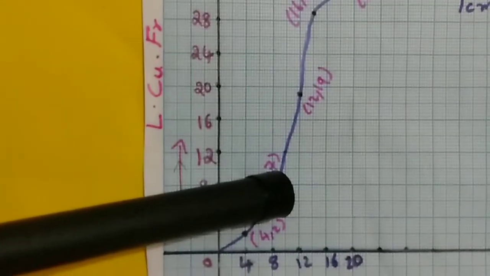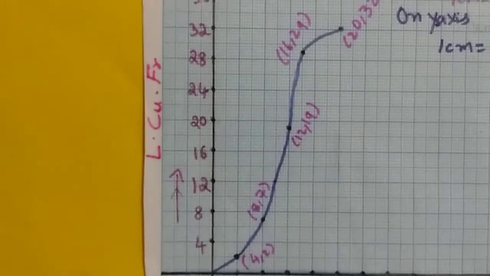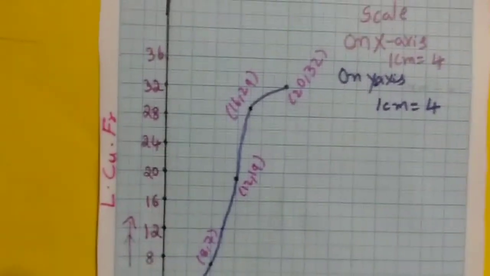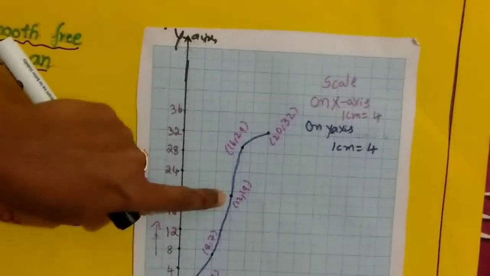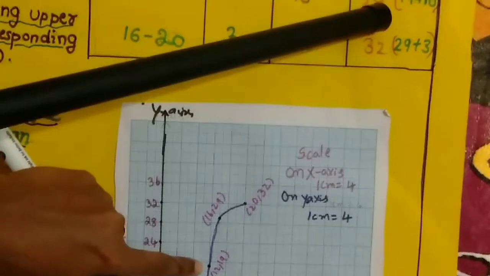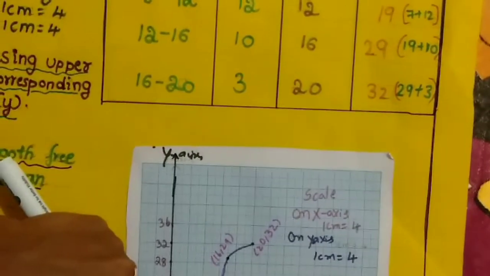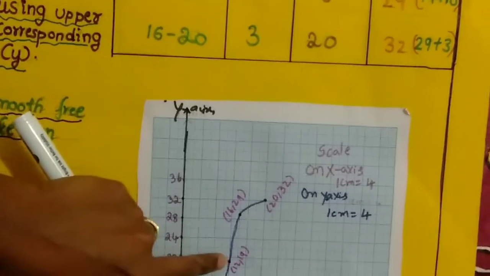We all know about plotting points from the previous class also. The next point is 12 on the x coordinate and 19 on the y coordinate. So 12, 19 is plotted here on the graph paper. The next point is 16 and the cumulative frequency is 29. So we plot the point taking the x coordinate 16 and the y coordinate 29.